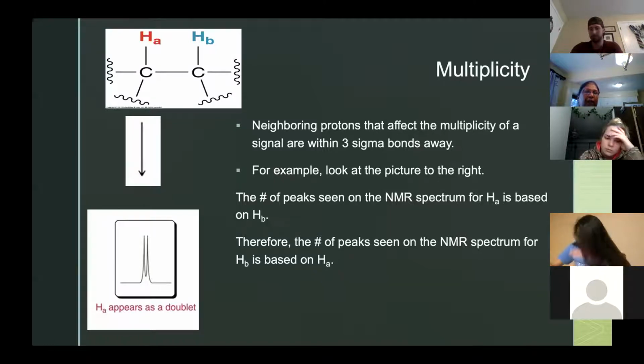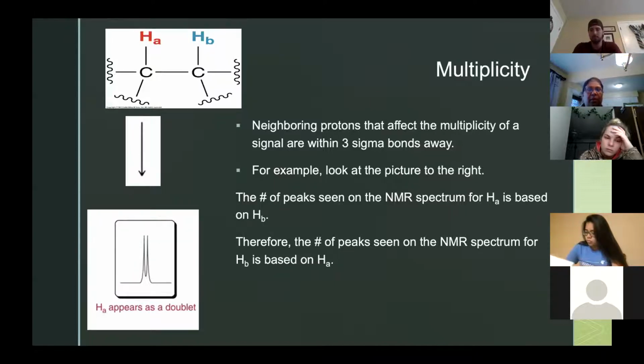Okay, so I'm going to say something here, just repeating what he said. If you look at this structure that he has, there are only two protons. The others are blocked off, which means there are no protons there, and we're not worried about those substituents. So HA is going to be influenced by HB.